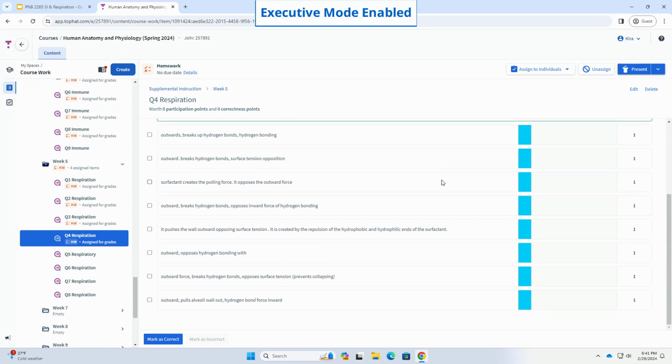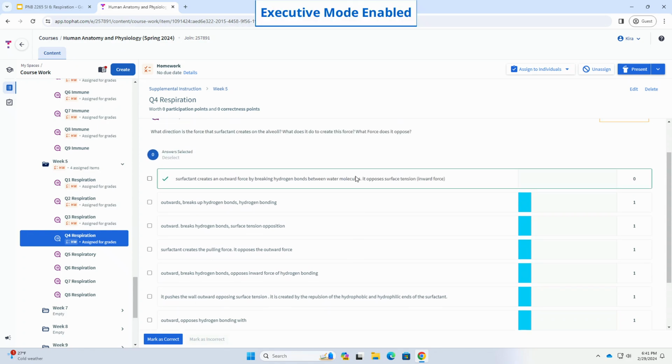Nice. All these look good. So it produces an outward force by breaking hydrogen bonds, and it opposes hydrogen bonding or surface tension created by type 1 cells.